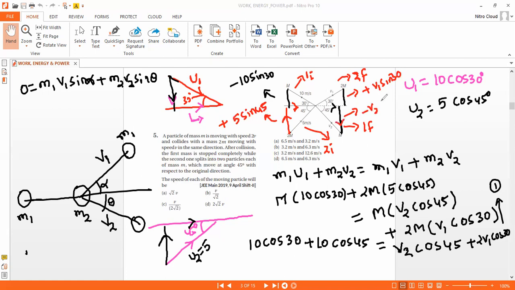Now apply the conservation of momentum along the y-axis: capital M into minus 10 sin 30 plus 2m times 5 sin 45 is equal to capital M into minus v2 sin 45 plus 2m into v1 sin 30. We'll get an equation. We have two unknowns and we'll get two equations. First write down and solve the equations.